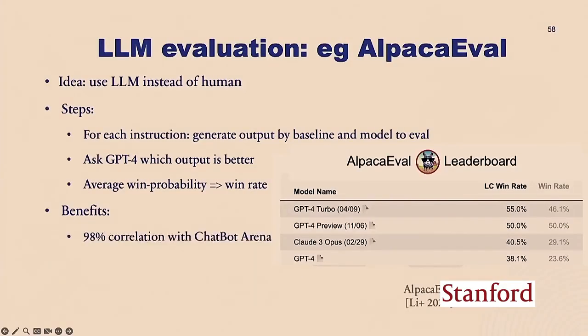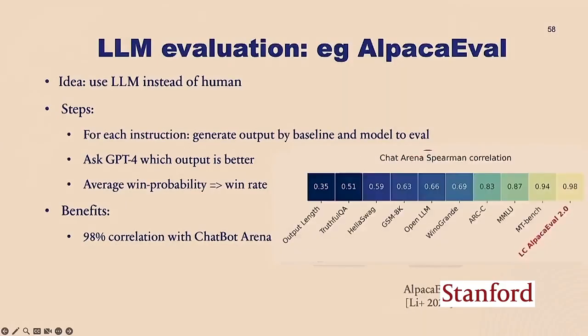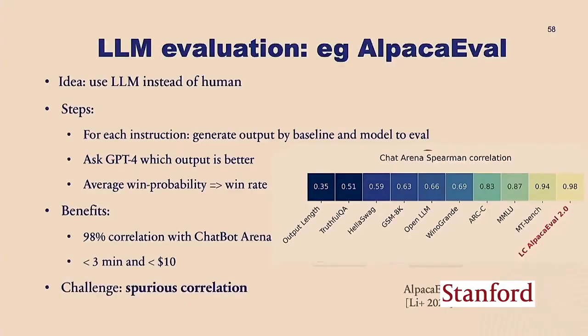The benefit of this is that we get 98% correlation with Chatbot Arena, so very high correlation with humans. This is a comparison of correlation with other benchmarks, and it takes less than 3 minutes and less than $10 to run, so it's pretty cheap. There are downsides though. One of them is spurious correlations.